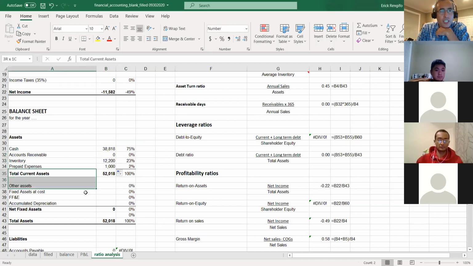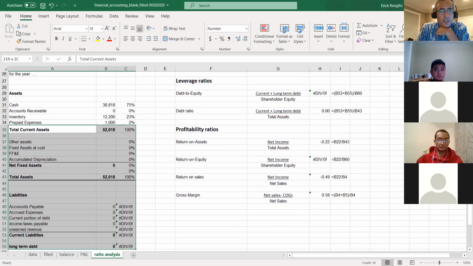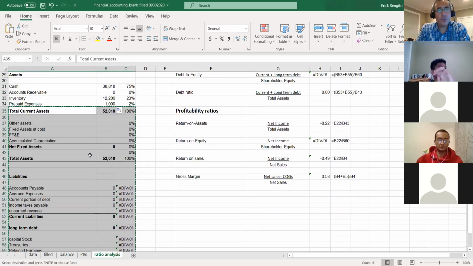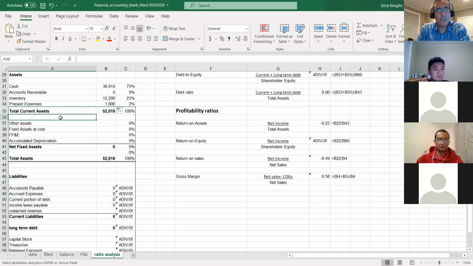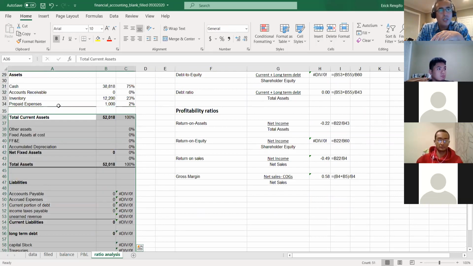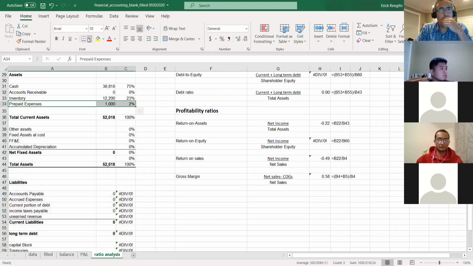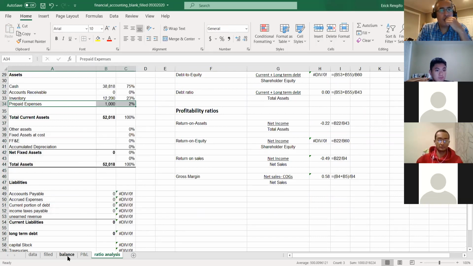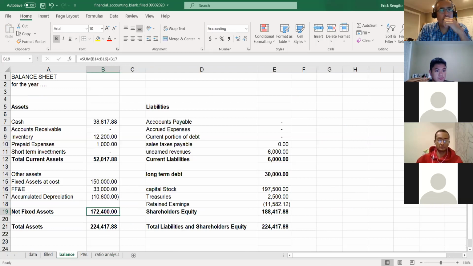And I just need to be careful because I have added one addition. So do Control X, guys, just cut, insert one more. And then what I've done is I have added short-term investments.